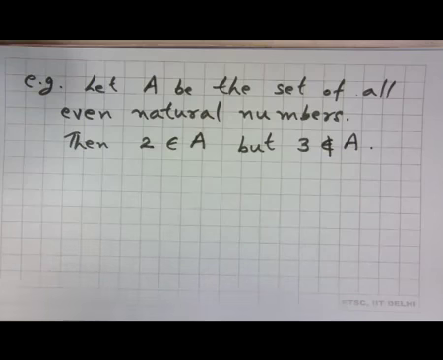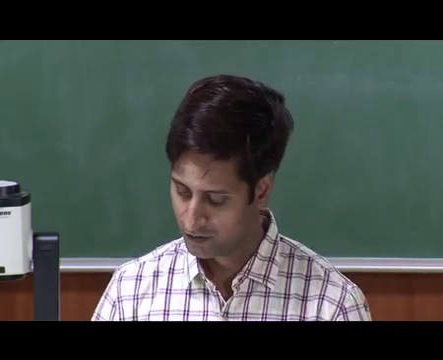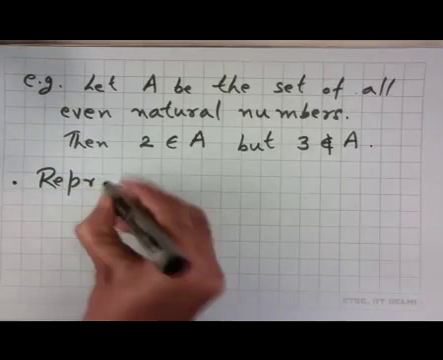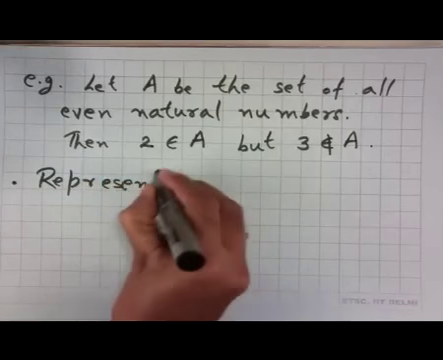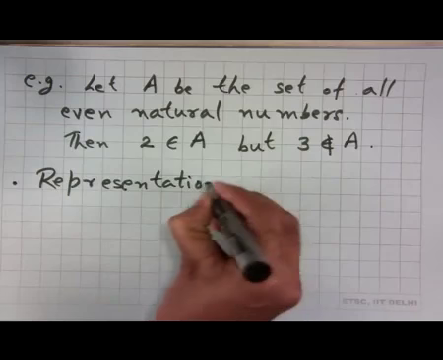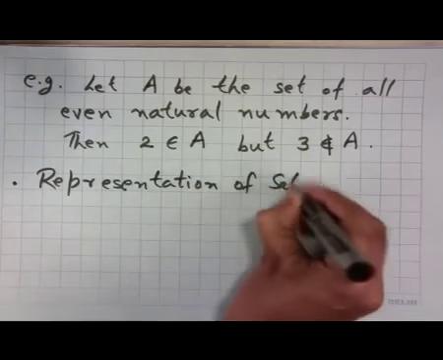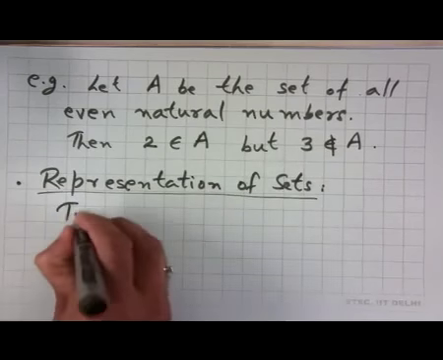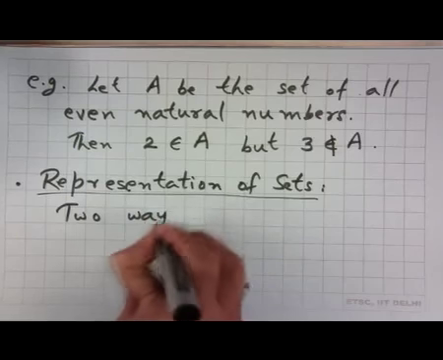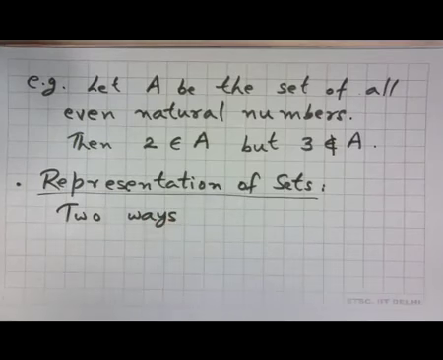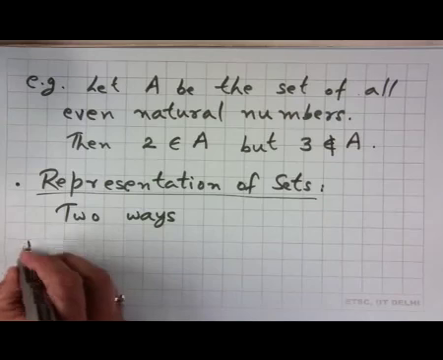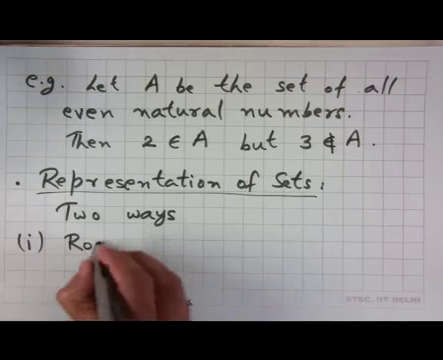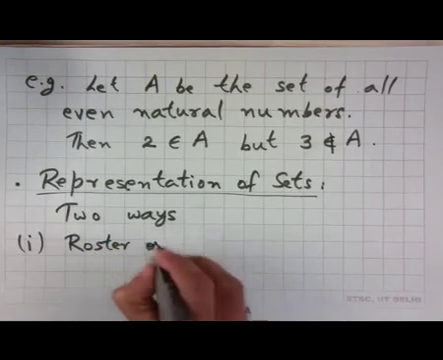So, now we will see how to represent a set. There are two ways by which we generally represent a set. First one is called roster or tabular form.